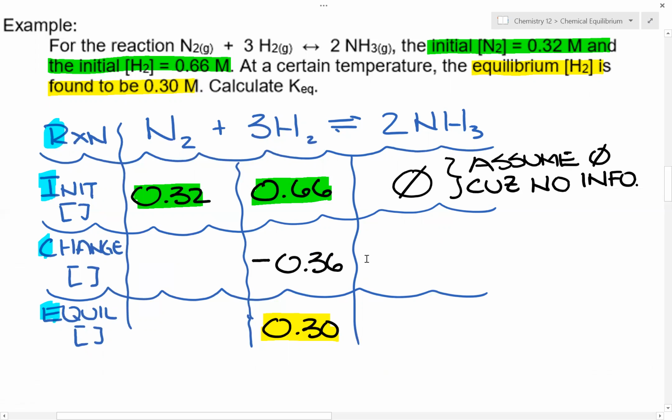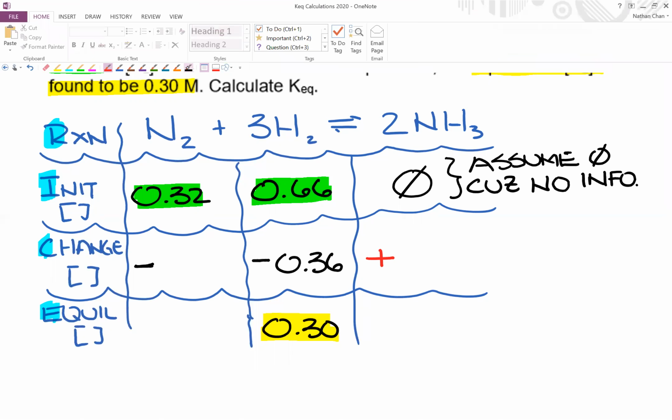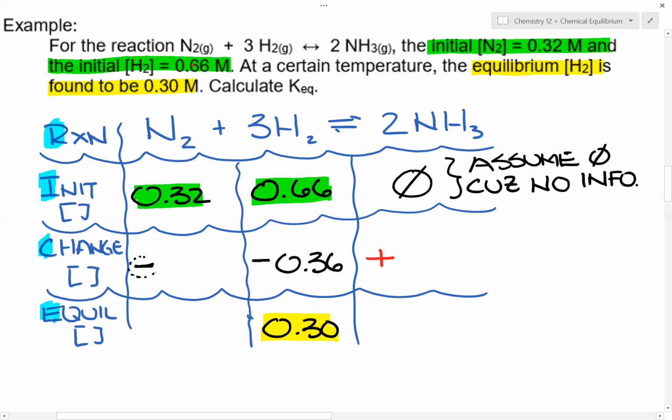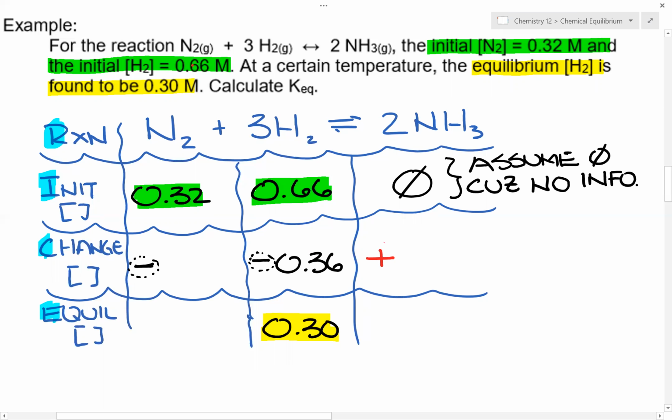Okay, now since nitrogen is on the same side as hydrogen, this will also go down. And the NH3, because it's on the opposite side of the equilibrium arrow, it's a product, so it must go up. So in this case, both reactants went down. And because the reactants went down, the product went up.